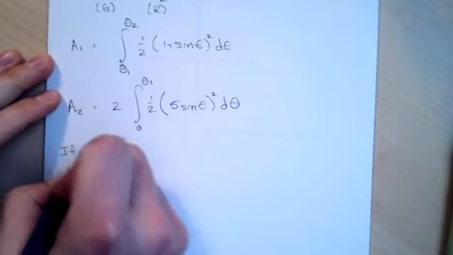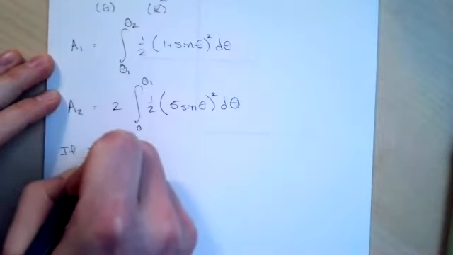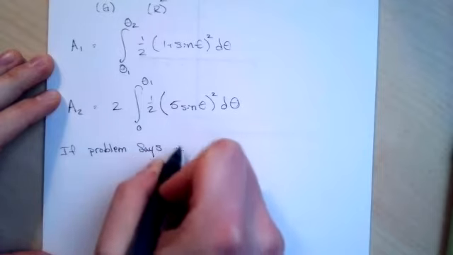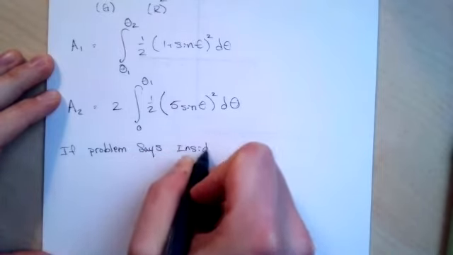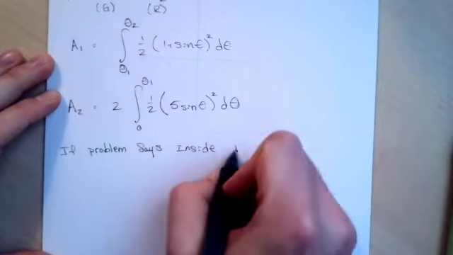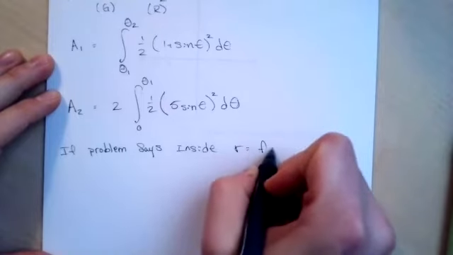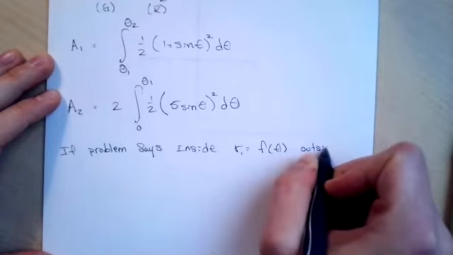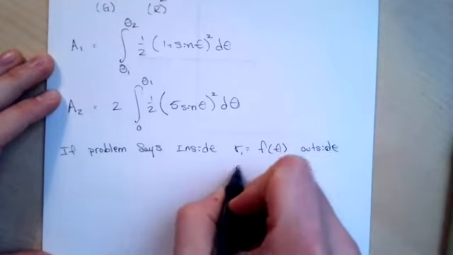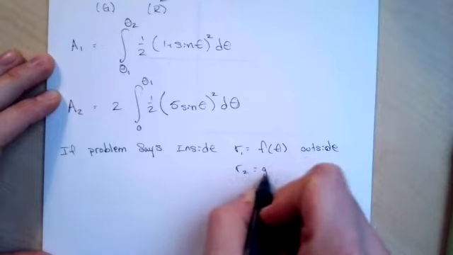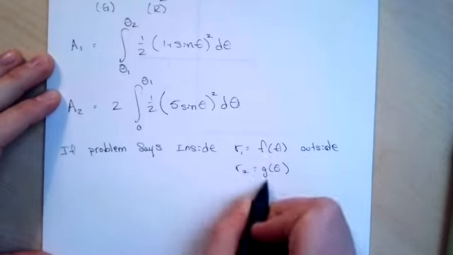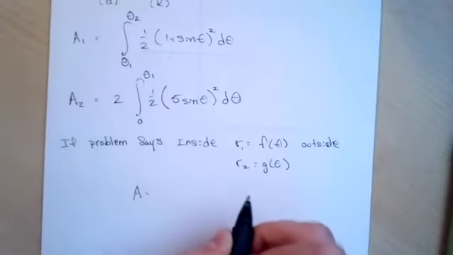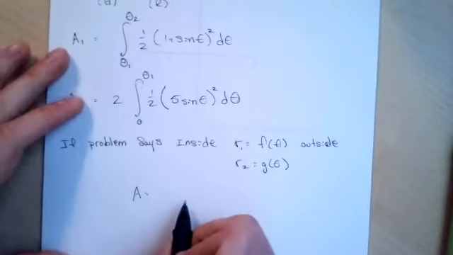So if it says inside some R1 and outside some other curve, you want to find the intersection points and just essentially subtract them.